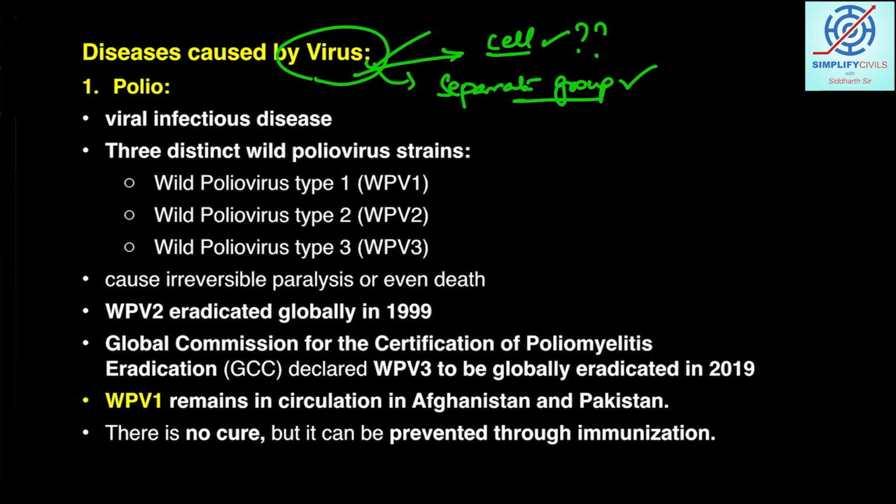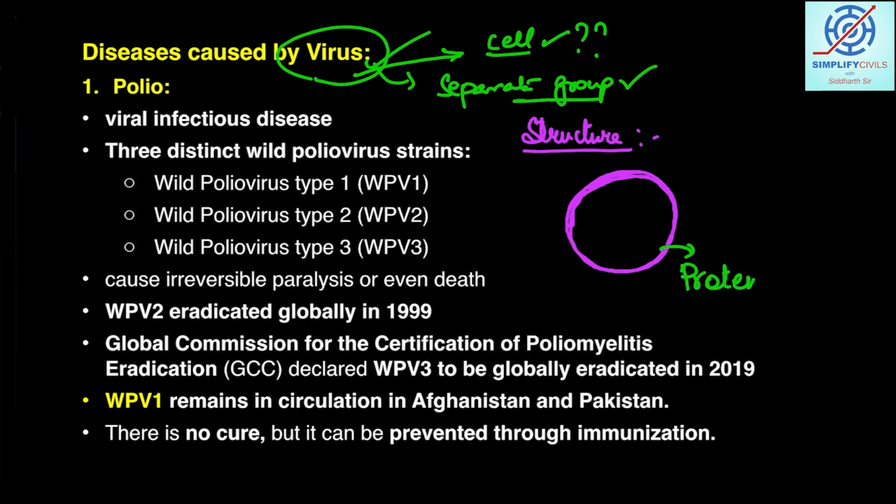What is the basic structure of virus? There is an outer layer. This outer layer is not the cell membrane as such. It is basically a structure of protein, and the word used here is coat. Instead of membrane, it is used as a coat.